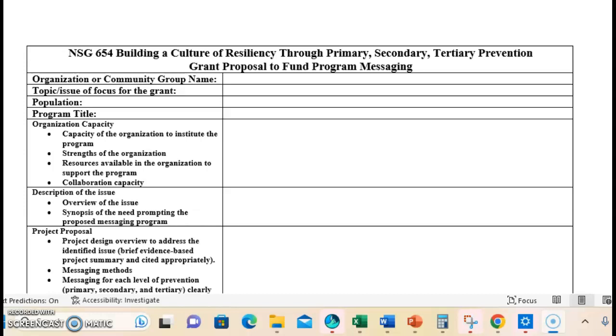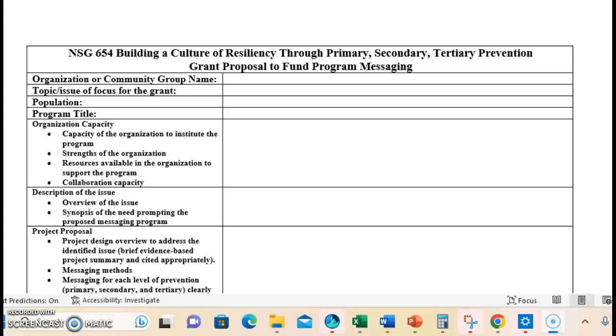Will it be spread through social media? The example given within the assignment was a mobile clinic. But you will also include a goal. Remember, the goal is larger than the objectives. You'll need 3 SMART objectives, and those will help you to achieve the larger goal.